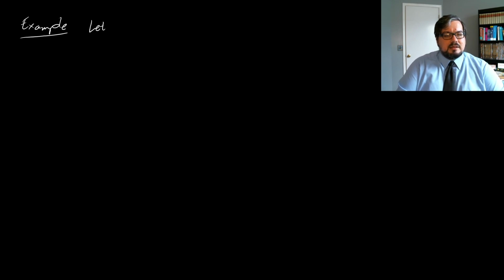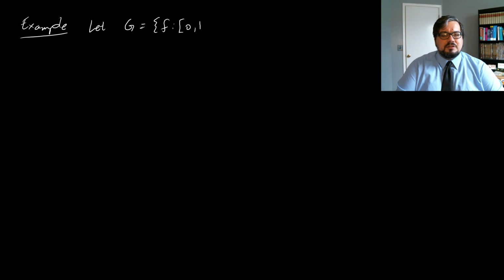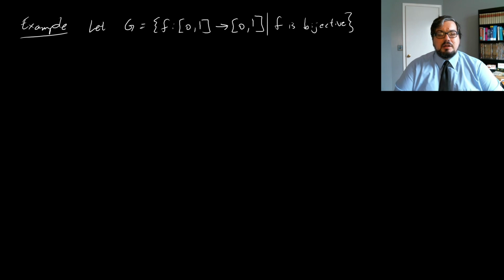So let G be the set of functions f from the interval [0, 1] to the interval [0, 1], where f is bijective. So this is actually a huge set.